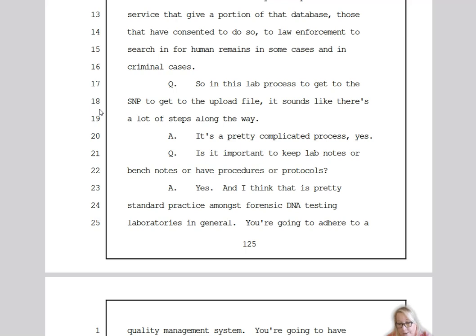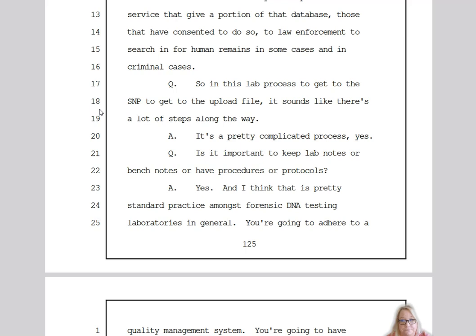And I want to point out here, he says GEDMatch PRO is one database. He's saying a portion of that database. Now, we heard earlier that it's two.